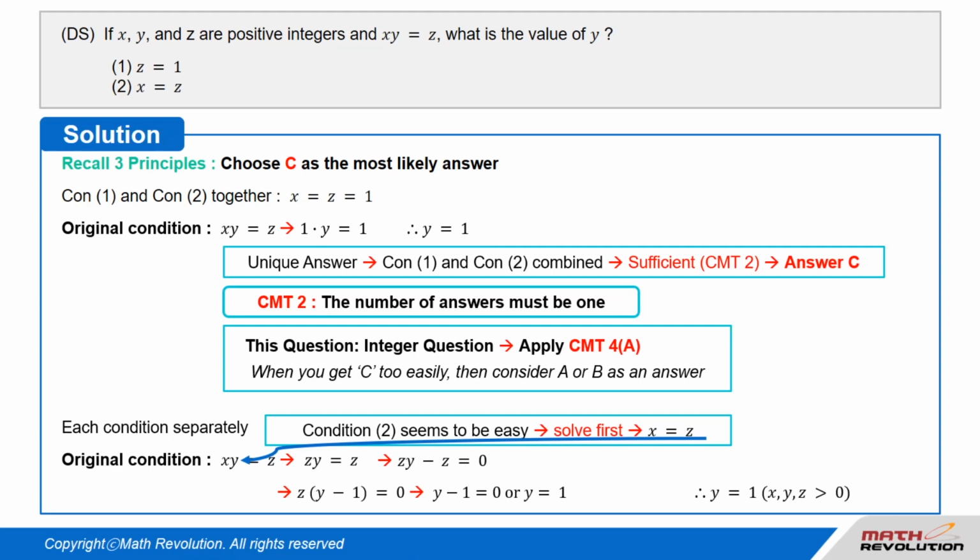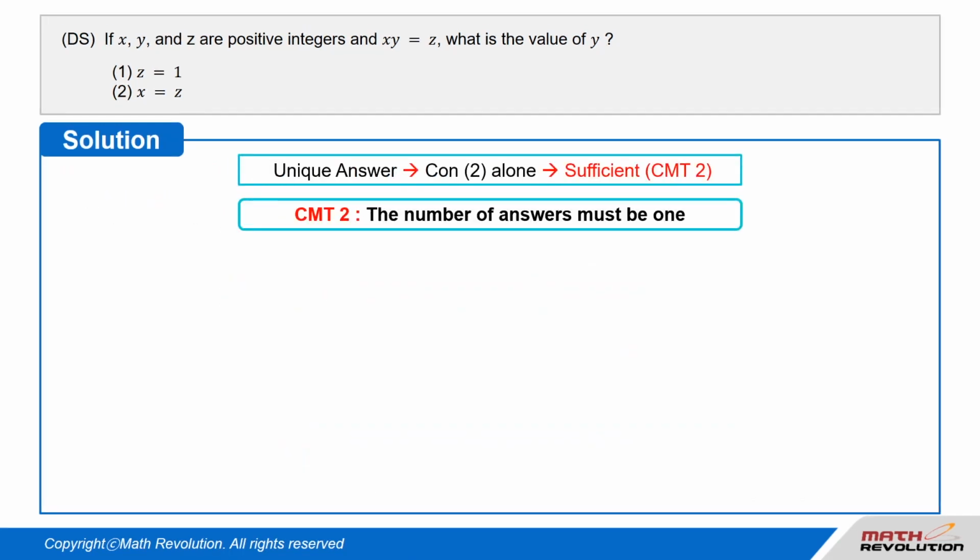This means y minus 1 equals 0, or y equals 1, as z does not equal 0, since x, y, and z are positive integers. So y equals 1, and since the answer is unique, the condition is sufficient according to CMT2, which means that the number of answers must be 1.